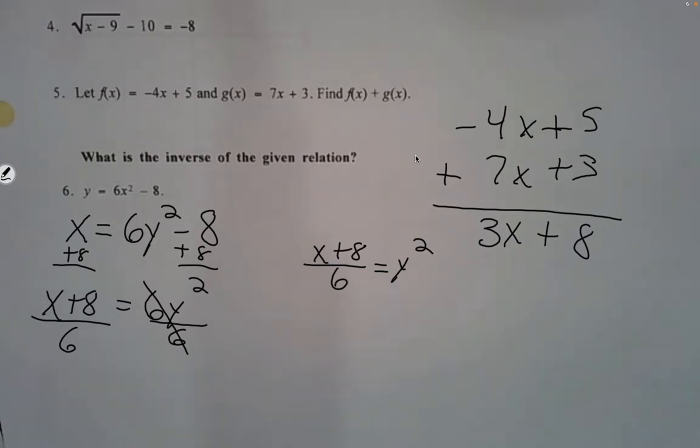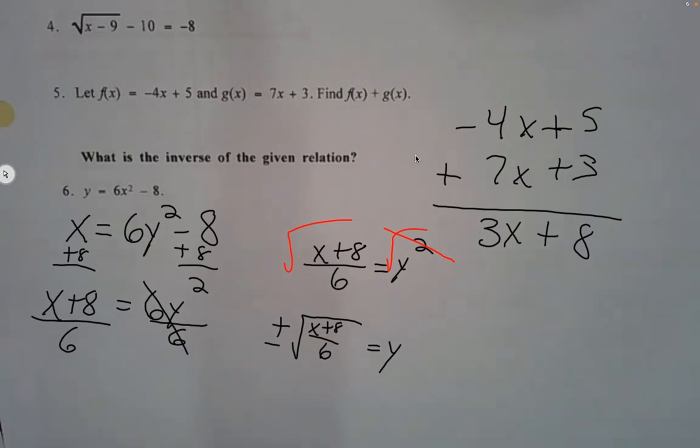I'm almost done. Now what do we have to do? Square root. And anytime we square root it, what do we have to put? Plus or minus. So you have to square root that whole thing, and that's our answer. It could be positive or it could be negative.